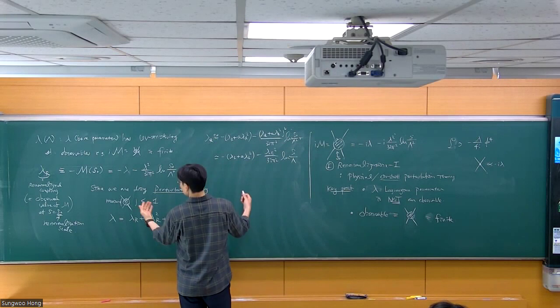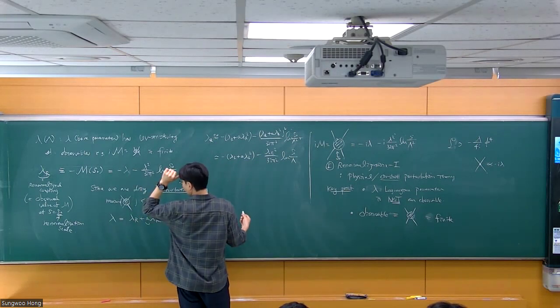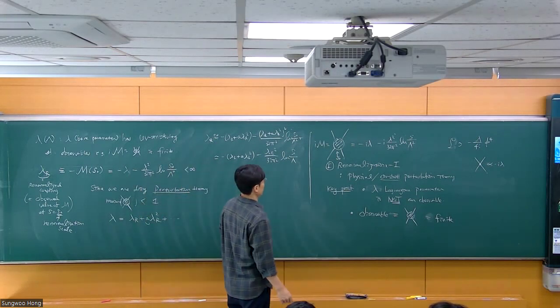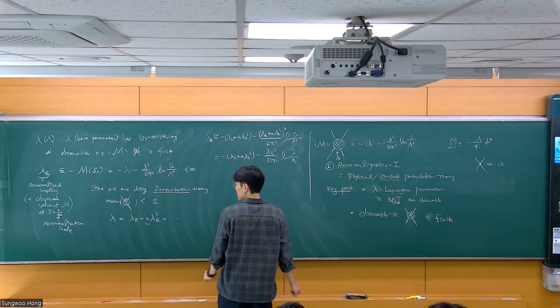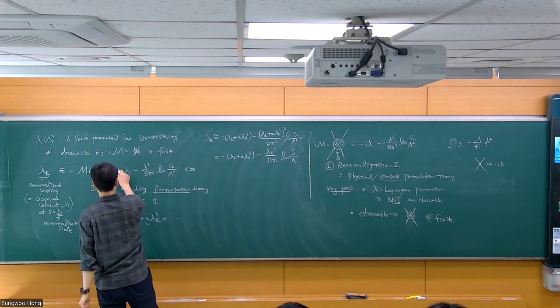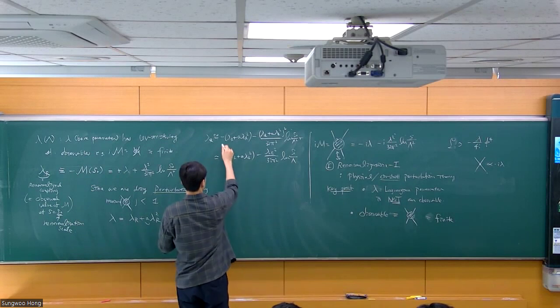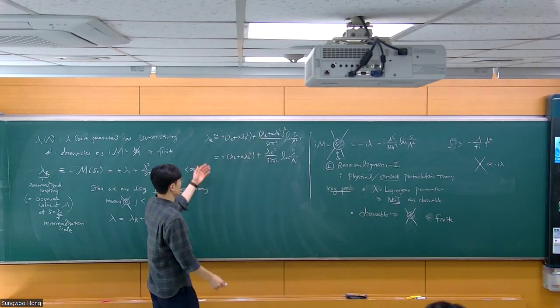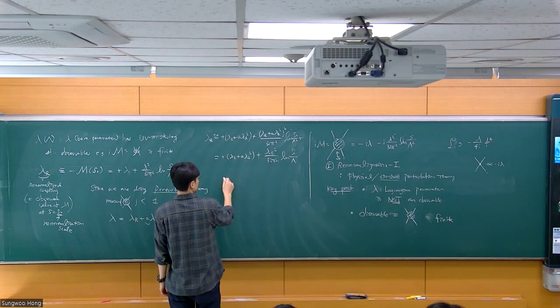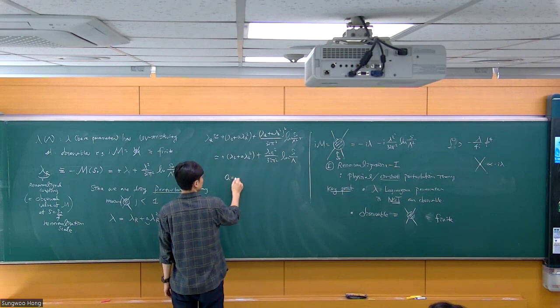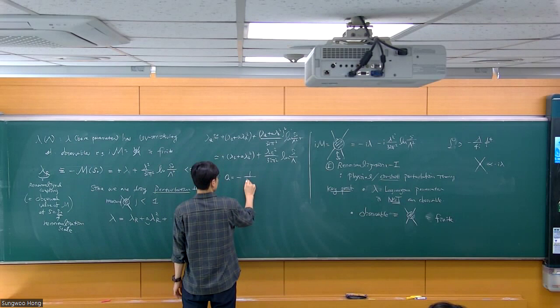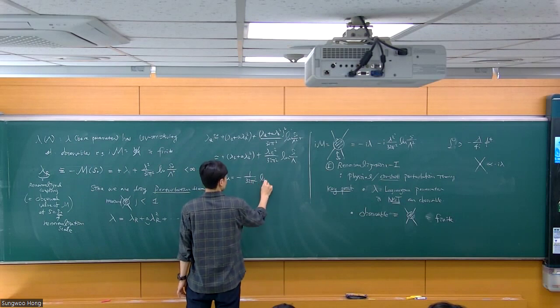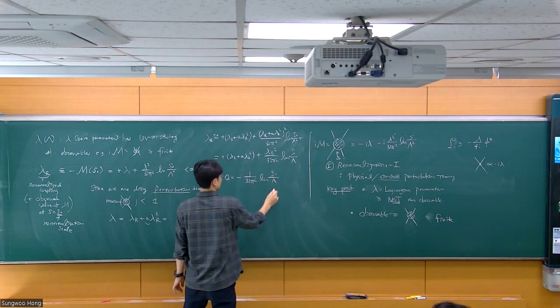Some minus sign has messed up your minus sign, so it should be all plus here. That should be all plus here. So the equality is satisfied if A is actually minus 1 over 32 pi squared times lambda, right?